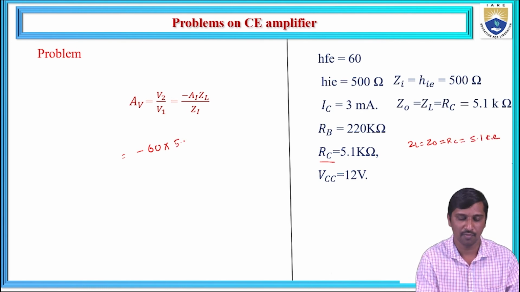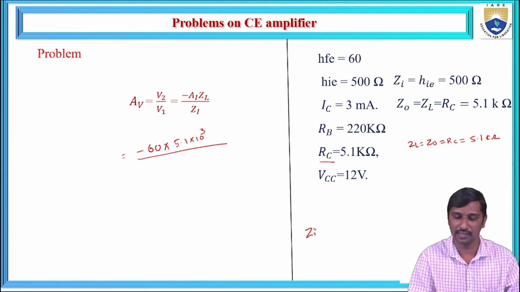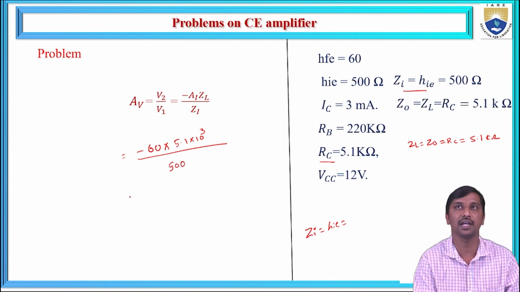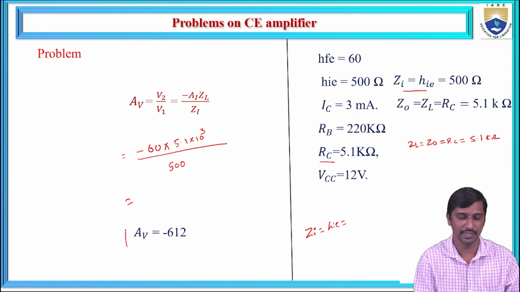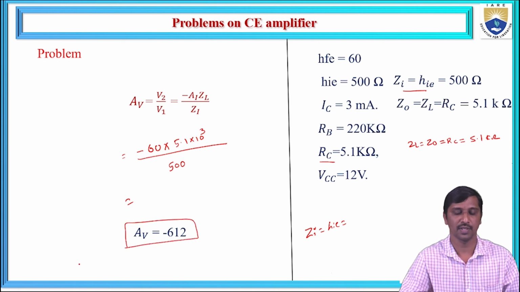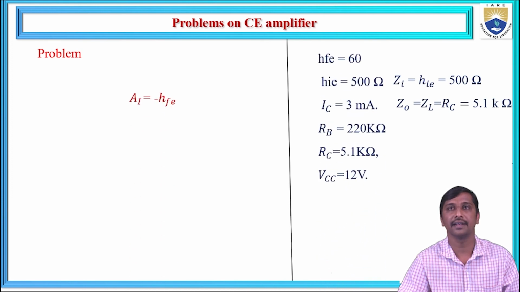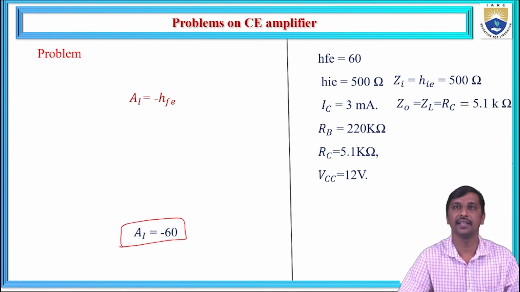Hence ZL is 5.1 into 10 to the power of 3, divided by Zi. Just now we observed that Zi is equal to hie, which is 500 ohms. Substituting this 500 ohms, the ratio gives the voltage gain, that is minus 612. Now I'm going to calculate the current gain. We already know the current gain is minus hfe, hence directly Ai is minus 60.